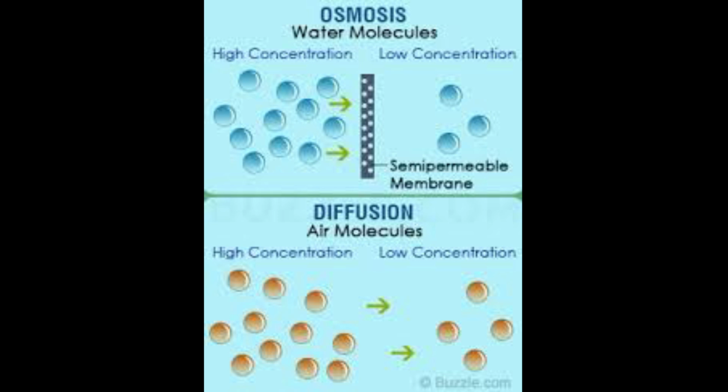Similarly, oxygen enters the cell by the process of diffusion when the level or concentration of oxygen inside the cell decreases. Thus, diffusion plays an important role in gas exchange between the cells as well as the cell and its external environment.